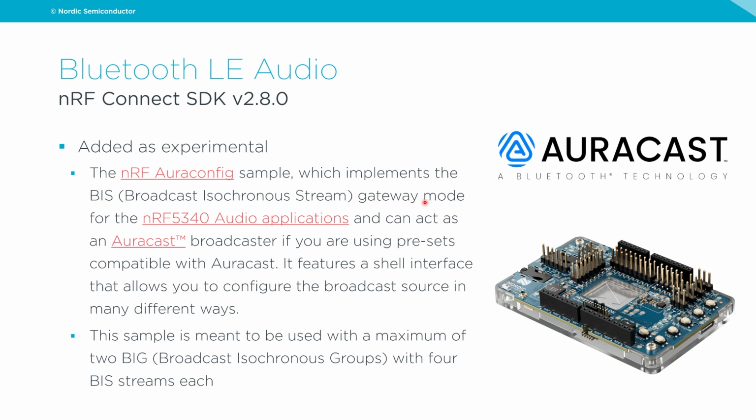It's a BIS gateway mode for the nRF5340 audio applications, which are a separate set of applications in the SDK. So it can essentially act as an Auracast broadcaster if you're using presets that are compatible with Auracast. And you can set up other nRF5340 audio kits to synchronize to those broadcasts. You have a shell interface, and that's how you can configure this broadcast source in different ways.